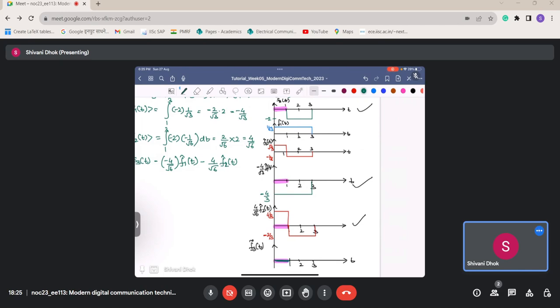Now let us look at the range from 1 to 3. So how is this looking? This is basically minus 2. This is minus 2 plus 4 by root 3 plus 2 by root 3, which is again equal to 0.